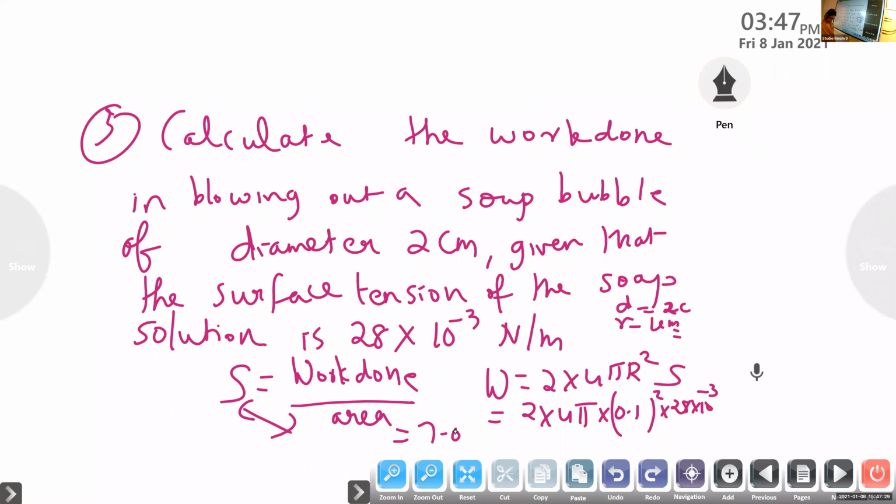So you will get approximately 7.03 into 10 to the power of minus 3. Since it is work done, you can write it as joule. Work done is energy, no? Surface tension, it's also energy.